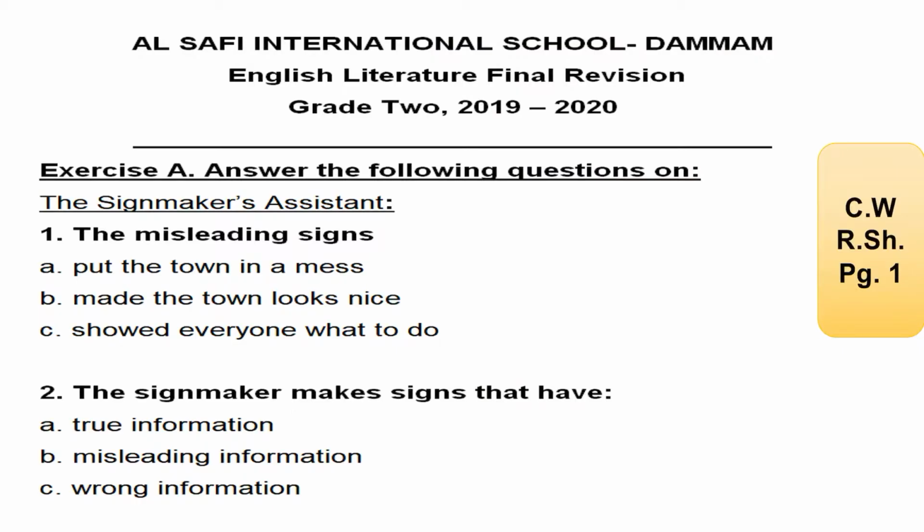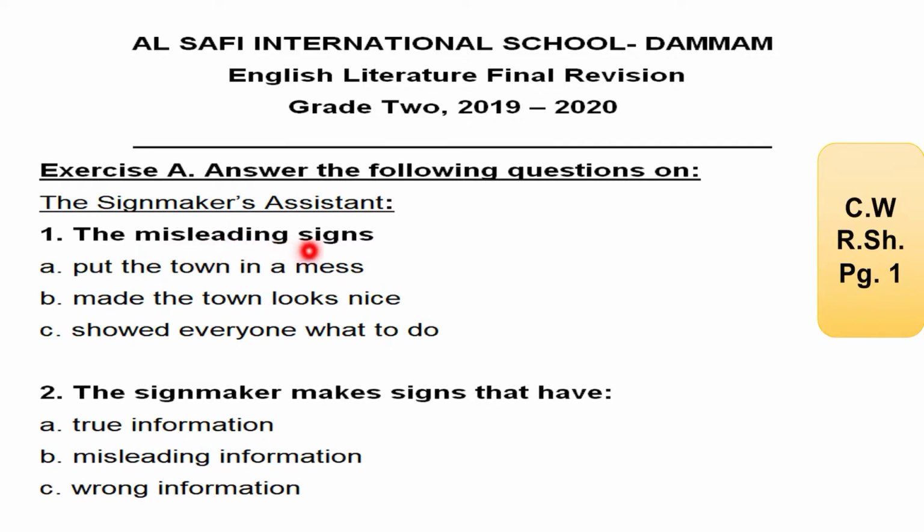Here, open page number 1 in your English literature revision sheets, please. Here we have a few questions for the first story, and we will complete the sentences. Read with me, grade 2 students. Point at number 1: the misleading signs. What do we mean by misleading signs? Signs that give us what?